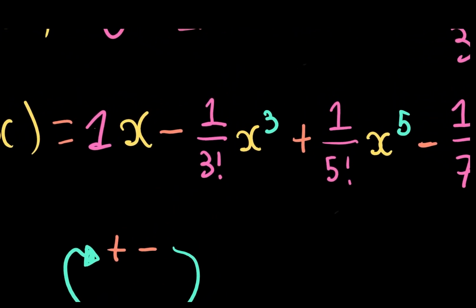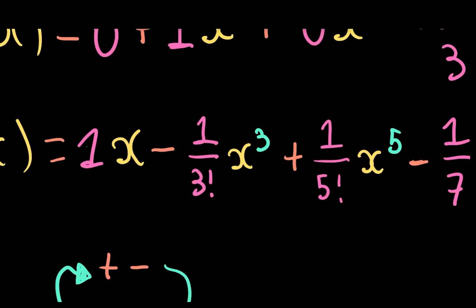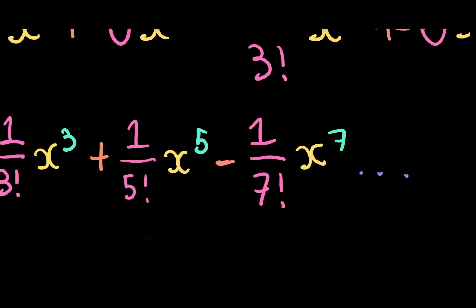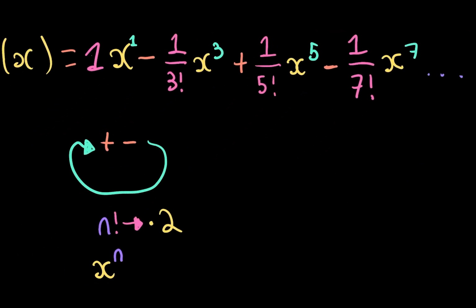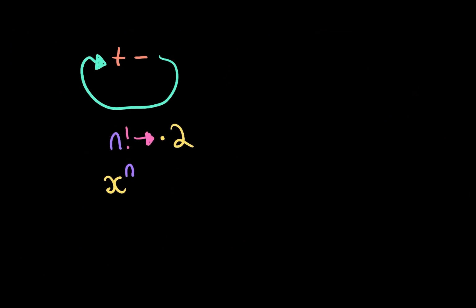So this one is a 1. So 1 plus 2 is 3. 3 plus 2 is 5. 5 plus 2 is 7. So it would be, again, times 2.